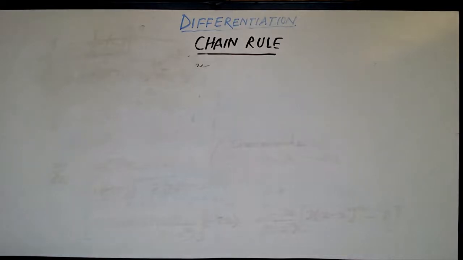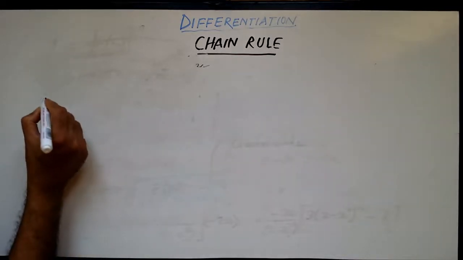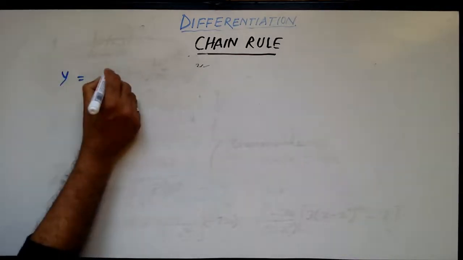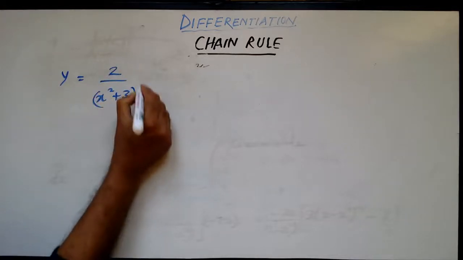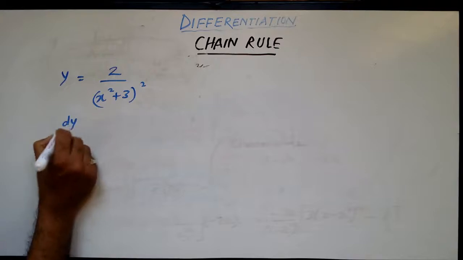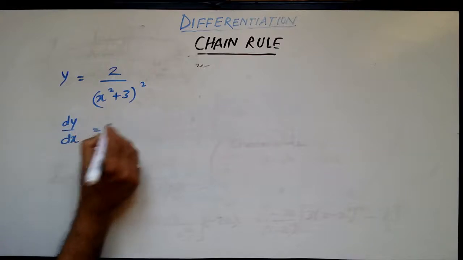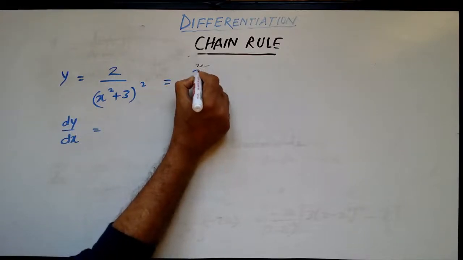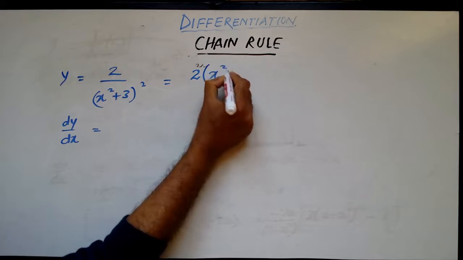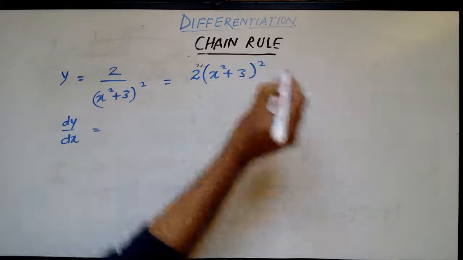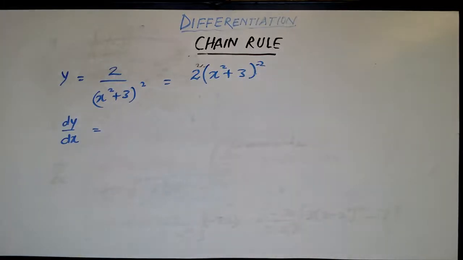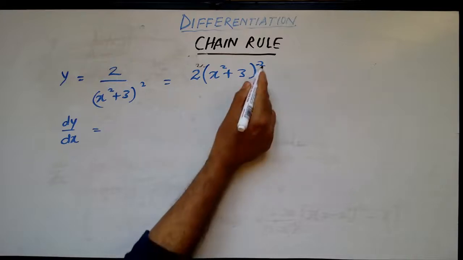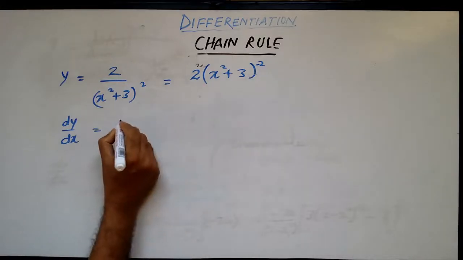Okay, let's take some other example. So y is equal to 2 upon x squared plus 3, whole squared. So dy by dx is equal to, this can also be written as 2 into x squared plus 3, whole squared, and since this is going to the numerator, it will be minus 2. So this will be minus 2 into 2, minus 4.